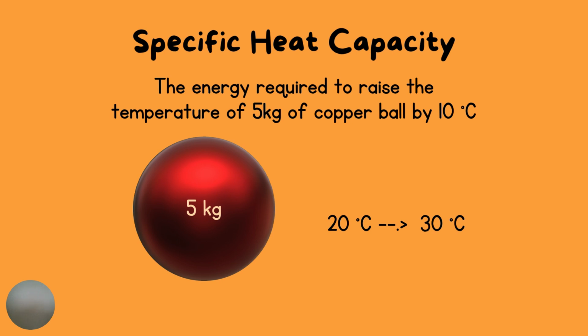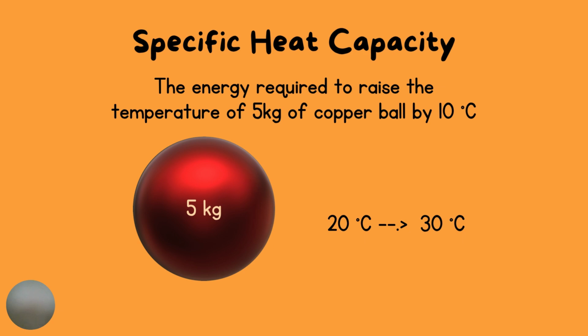But in real life, not all substances are 1 kg. Some systems are 5 kilograms. They have their own masses, so it depends on the materials themselves. Let's say you need 500 joules of heat energy to increase the temperature of a 5 kg copper ball by 10 degrees Celsius.